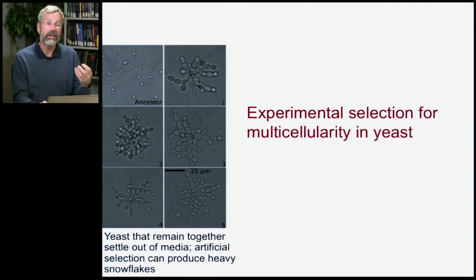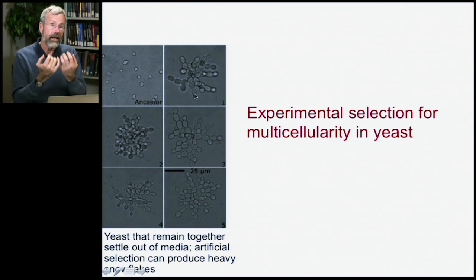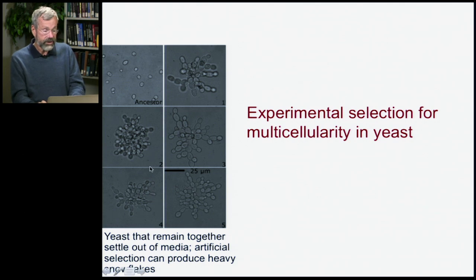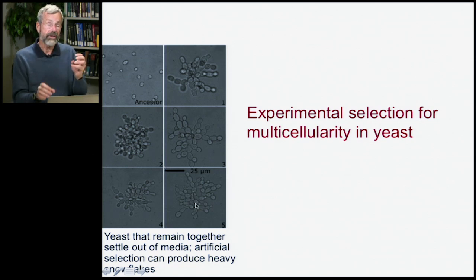Now, if you breed different lineages of yeast in the laboratory, and you do some artificial selection by taking those that tend to clump together, then they tend to fall out of the solution in the media that you're growing them in. And if you do this long enough, you can get them to produce quite large, what are called snowflakes, heavy snowflakes. And these are single-celled organisms.